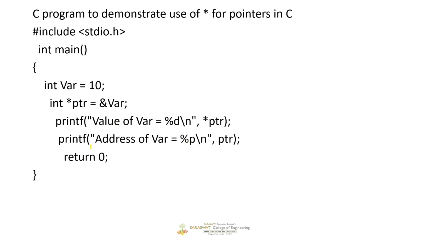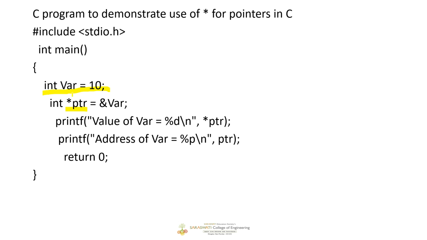Now one more program to demonstrate the use of pointers. In this case, I have taken a variable. The data type of that variable is int, and the value stored in that variable is 10. Now again, I am taking a pointer type variable, ptr. You can give any random name: x, y, z, a, b, c, whatever you want.